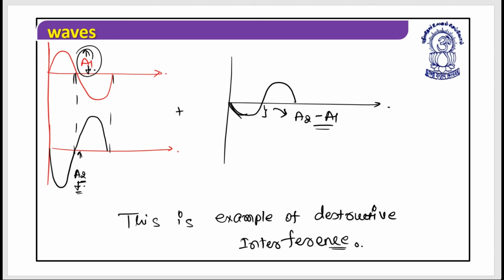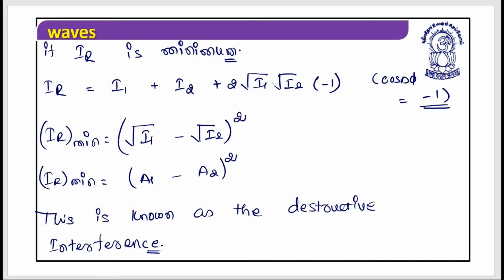Have you got this? Are you sure? Do you understand this completely? Great. So I request you to please note down this for the destructive interference. Have you noted this?